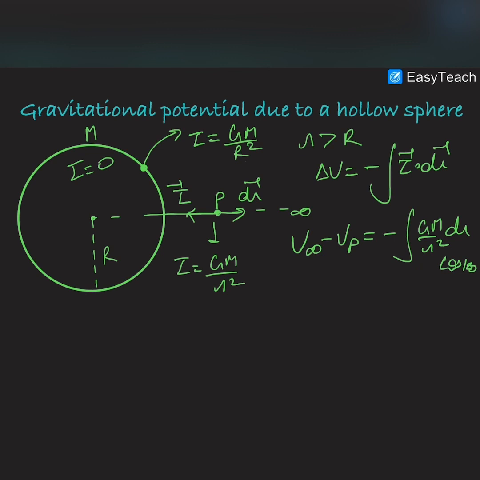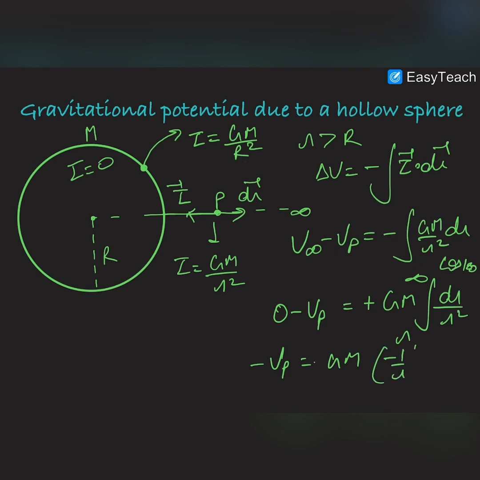So this would be 0 minus Vp, and it would be plus cos 180 is minus 1, GM and integration of dr by r square. The limit would be from r to infinity, and therefore minus Vp is equal to GM times integration of 1 upon r square, which is minus 1 upon r. So this is minus 1 upon r, limit is from r to infinity.